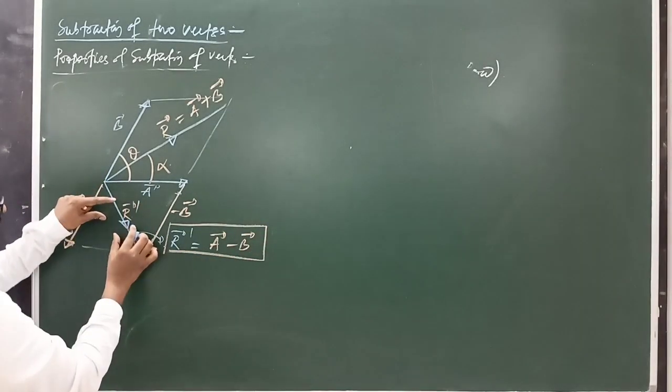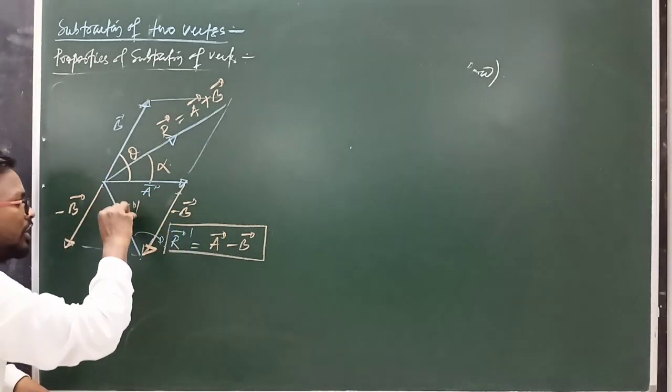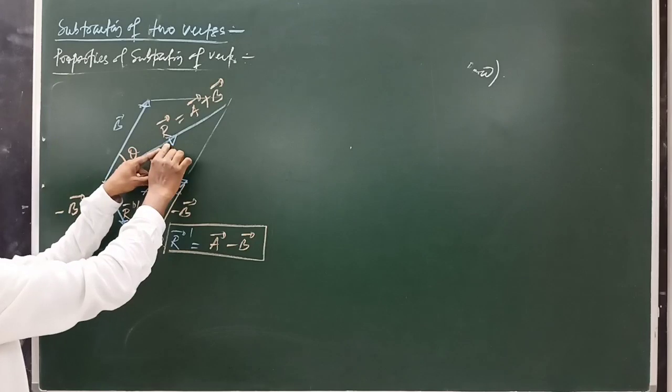Clear? And this vector is the resultant of A vector minus B vector, this is the smaller diagonal and this is the large diagonal.